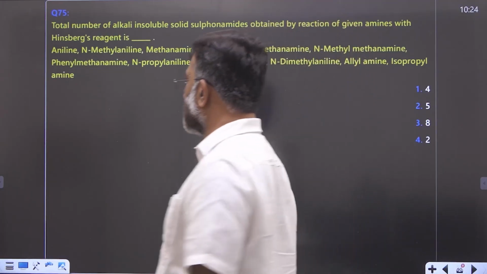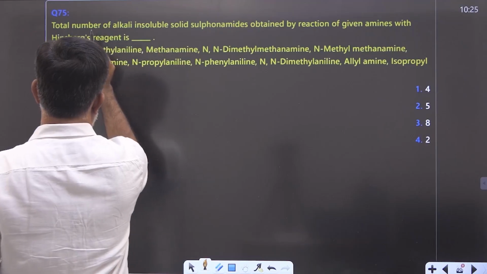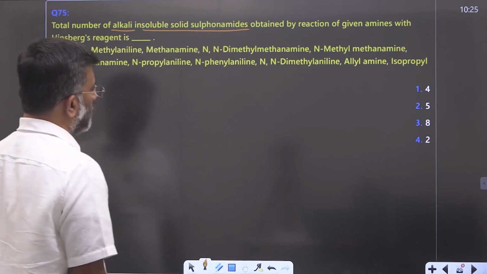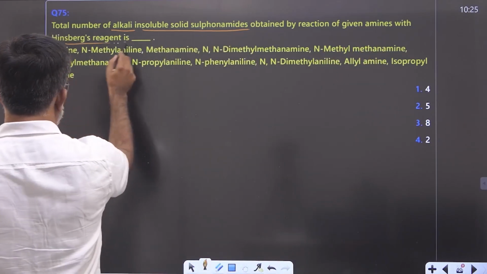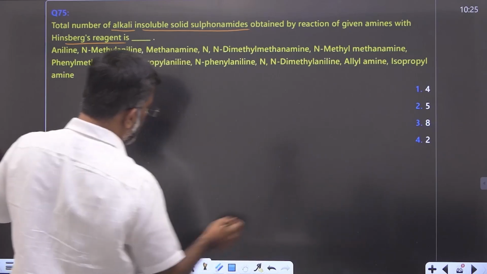Okay. So what is the question here? Total number of alkali insoluble solid sulfonamides obtained by reaction of given amine with the Hinsberg reagent. So we are checking secondary amines.